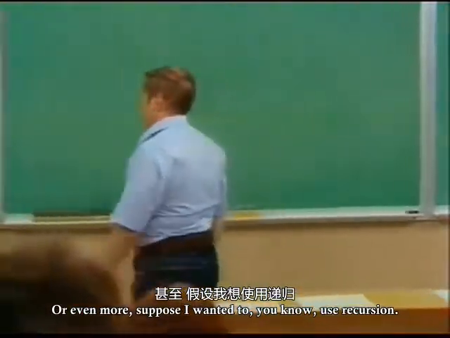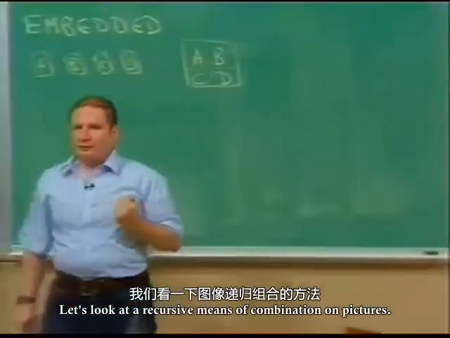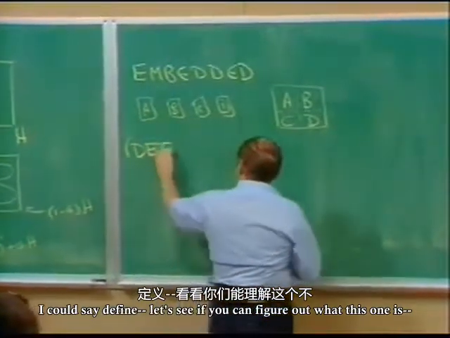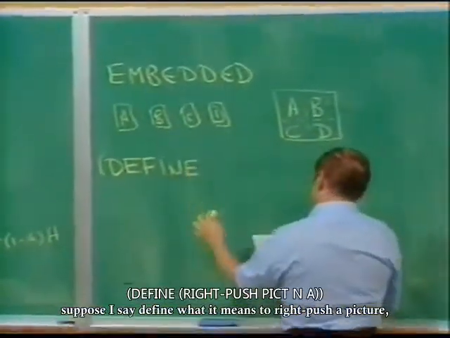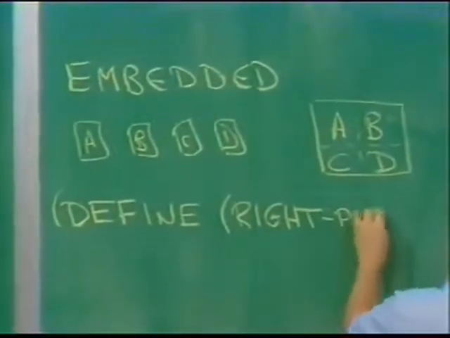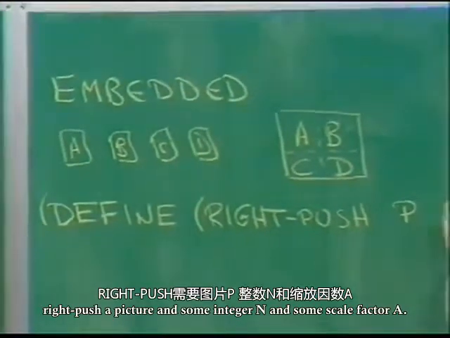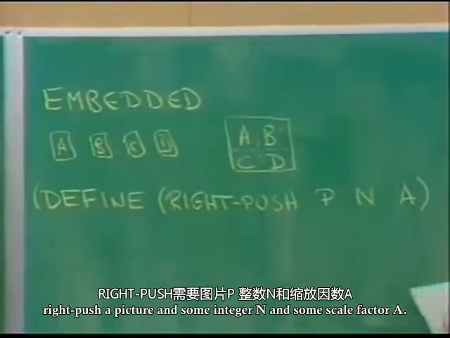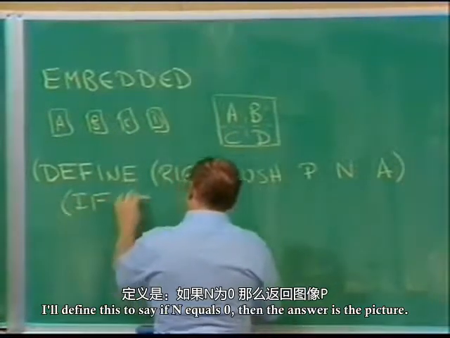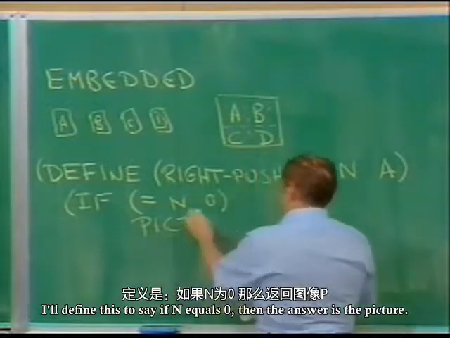Or, even more, suppose I wanted to use recursion. Let's look at a recursive means of combination on pictures. I could say define, let's see if you can figure out what this one is. Suppose I define what it means to right-push a picture P, with some integer n and some scale factor a. I'll define this to say if n equals 0, then the answer is the picture.